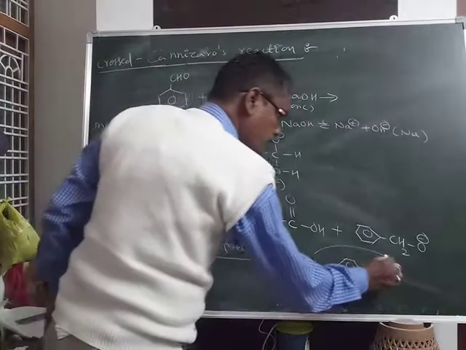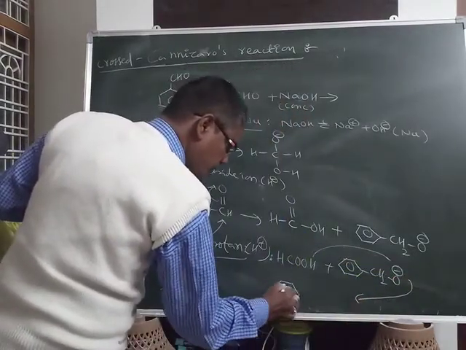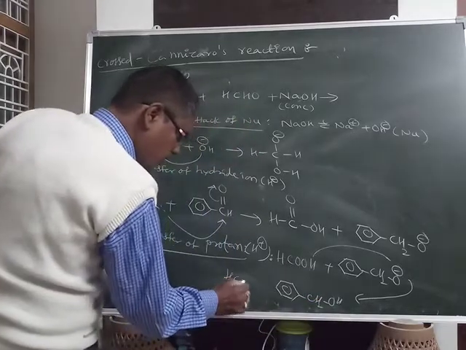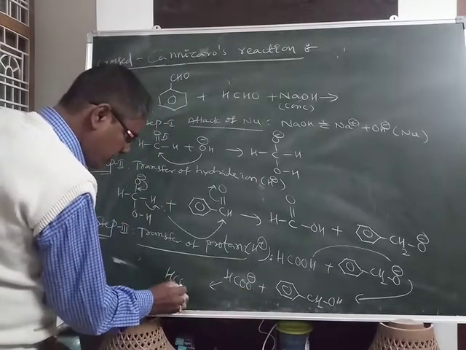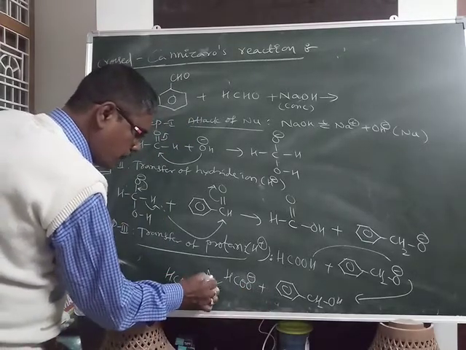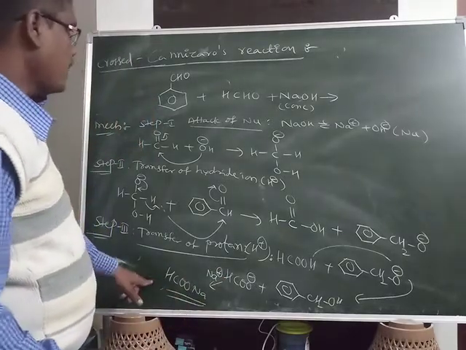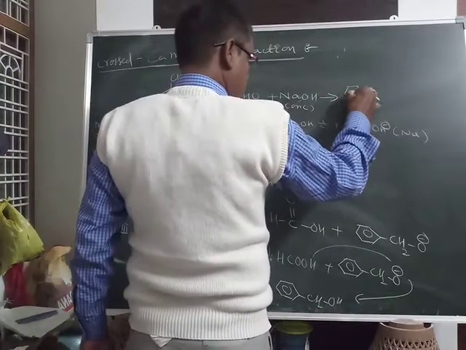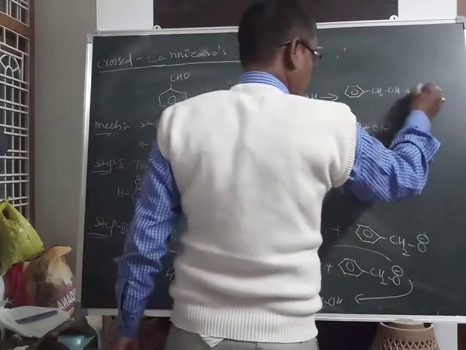This hydrogen shifts to this side. That's why this becomes benzyl alcohol, and this becomes formate ion. This formate ion, when reacted with Na plus, becomes sodium formate. So the products are benzyl alcohol plus sodium formate.